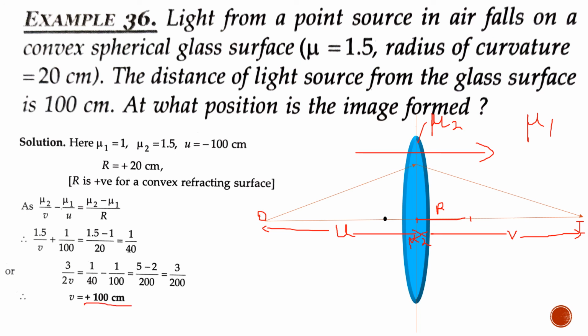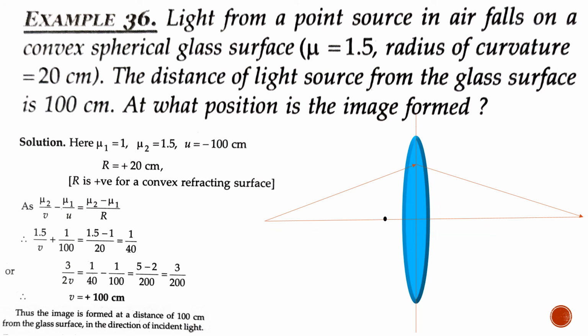If your image distance is plus 100 centimeter, then the image is formed at 100 centimeter from the glass surface, in the direction of the incident light.